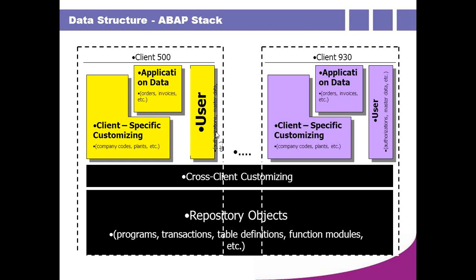Each and every client contains these three. If you take 500, yes, these three. As per this picture, we have 930 client also in the system, so it also contains these three: user master, application, and client specific data. If we have 000, 001, and 066, every client has these three. If we have 1000 clients created, each and every client has user master, application, and customizing data.